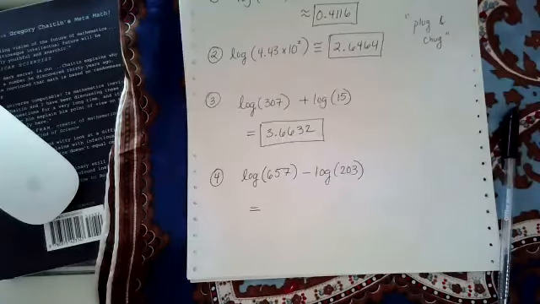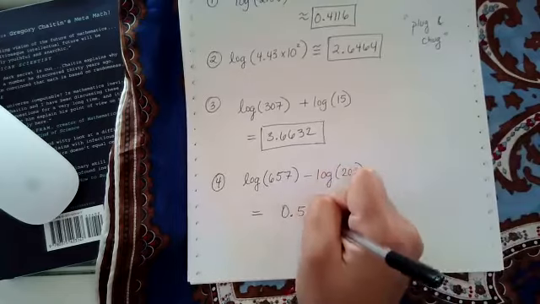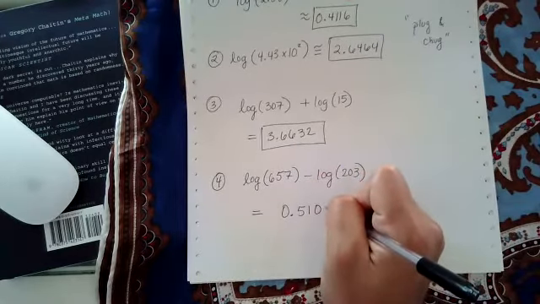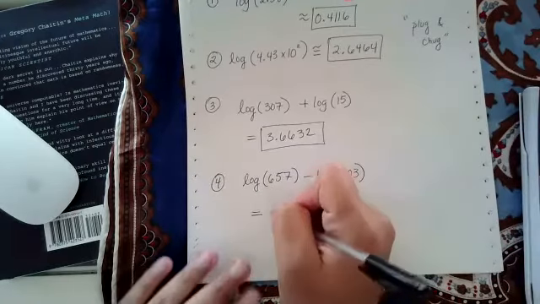Yes, I got 0.51101. Yeah, I think that's what I got too. I'm just double checking now. Yeah, I'm getting 0.510, and then we can round this one up to a 1. 0.5101.